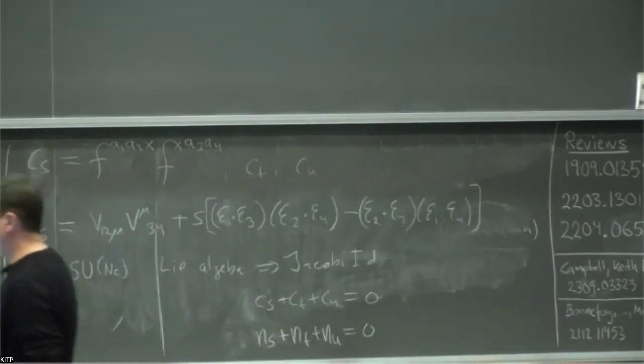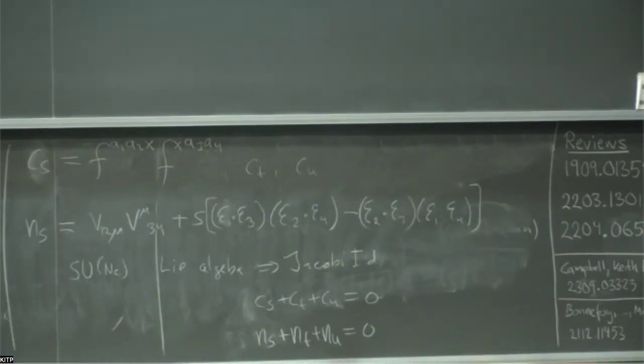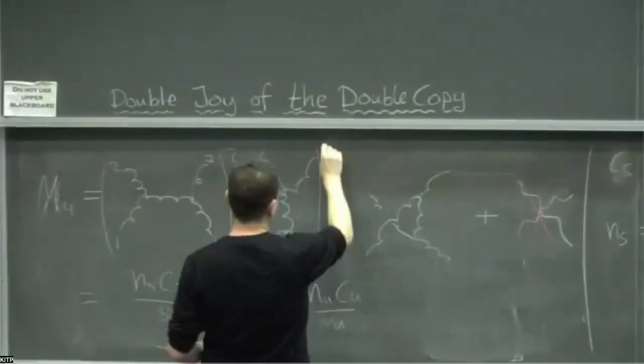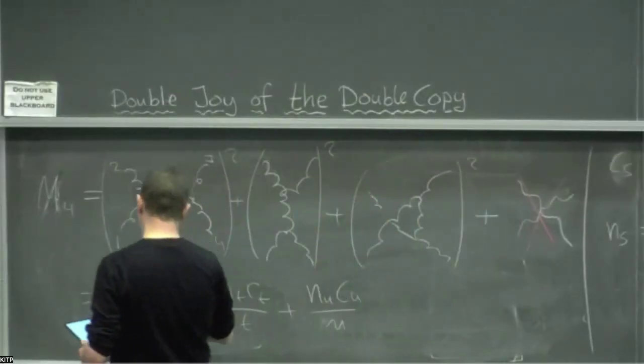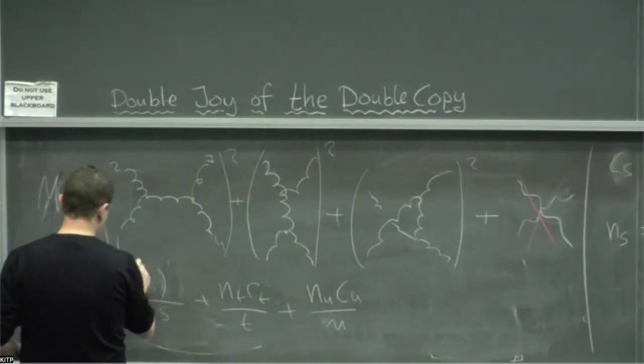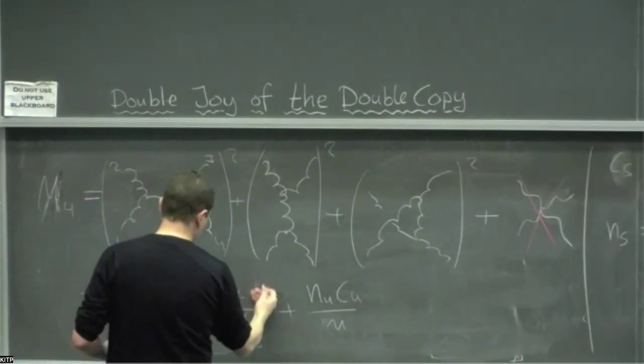So let me do that. So often we write M, and then we often write it as A squared, which is a little bit of abuse of notation, because we're of course not squaring the denominator. What I really mean is that we just square the numerator.